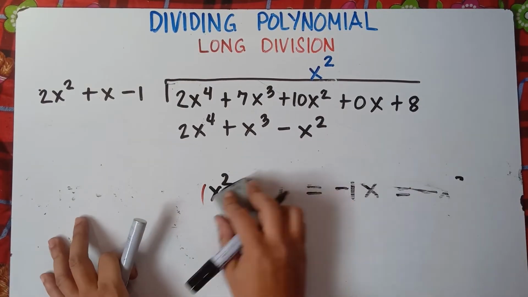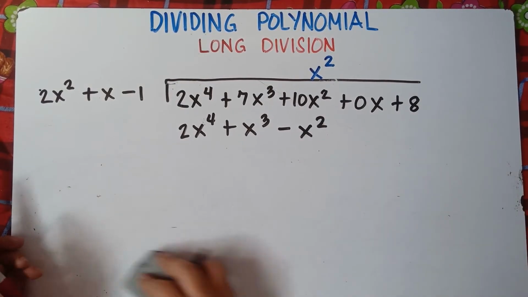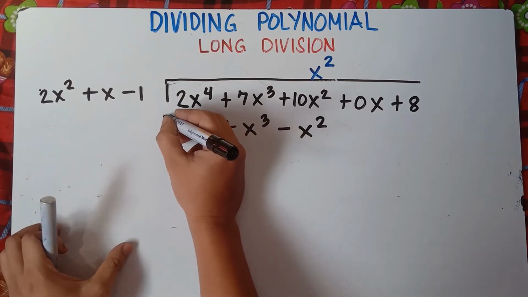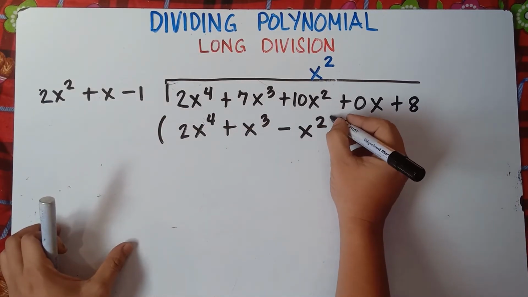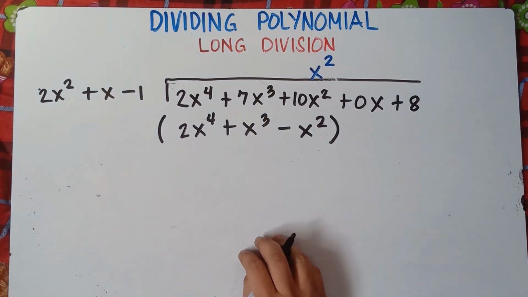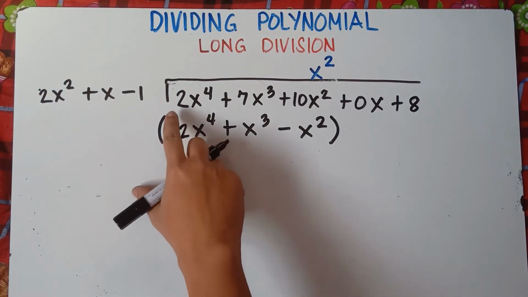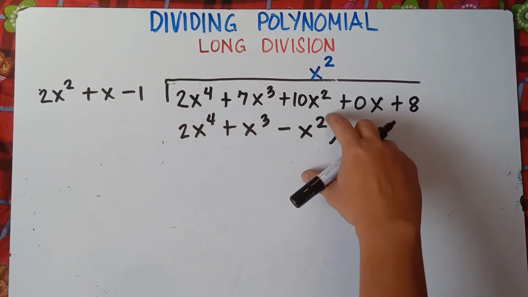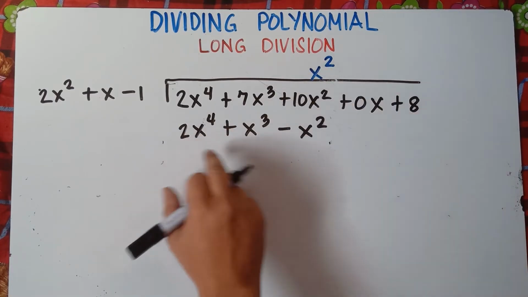Alright, and then you put parentheses. We already explained that in part 1, but let me just explain it here. Why do we need to put parentheses? After you multiply, you need to subtract, right?